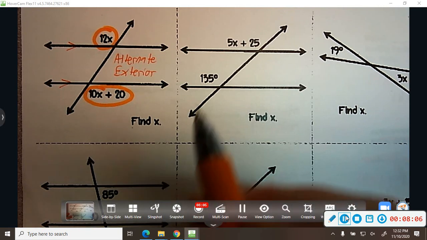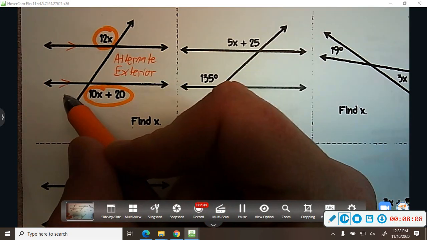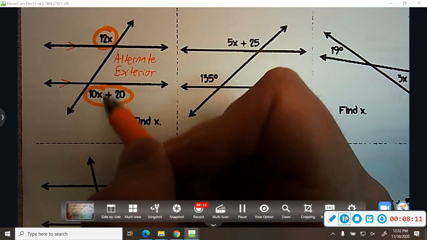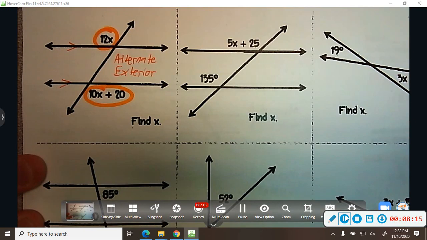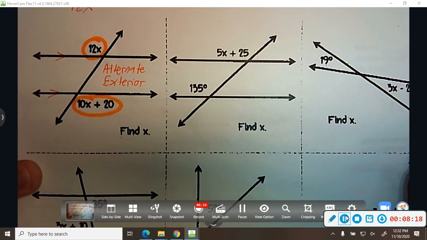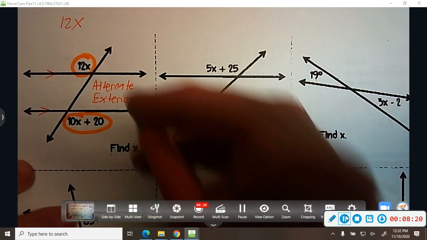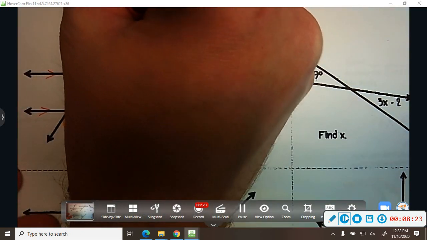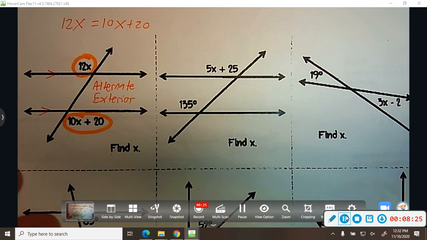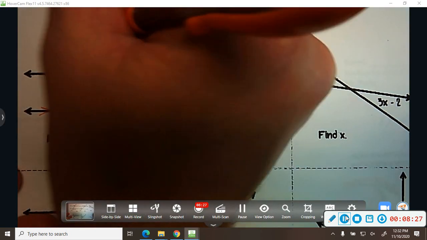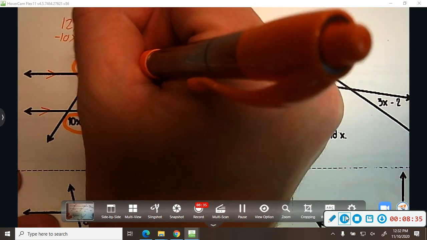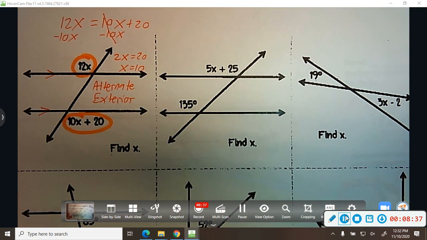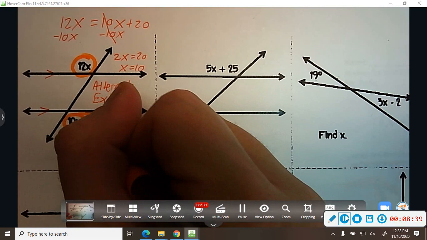But the alternate exterior says if these are parallel, and that's a transversal, then those are equal. They're congruent. So I know 12x is equal to 10x plus 20, minus 10x from both sides. I get 2x is 20, so x is 10. So they said find x. I'd say x equals 10.